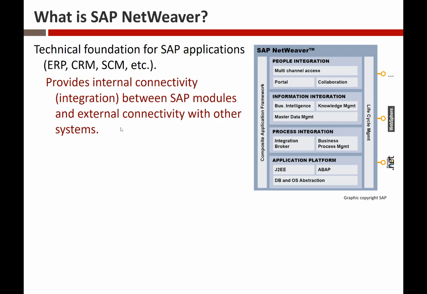What will actually happen in an organization that's going to be running SAP products is the first software they will install will likely be SAP NetWeaver. And then what they will do is configure NetWeaver to connect to other systems they might have in their organizations.